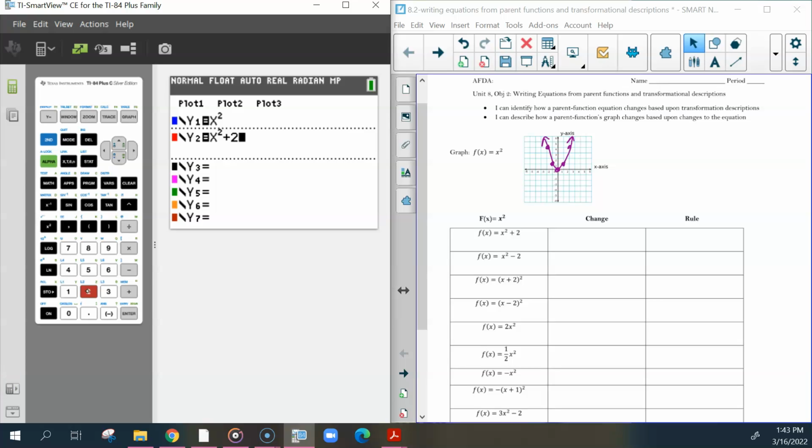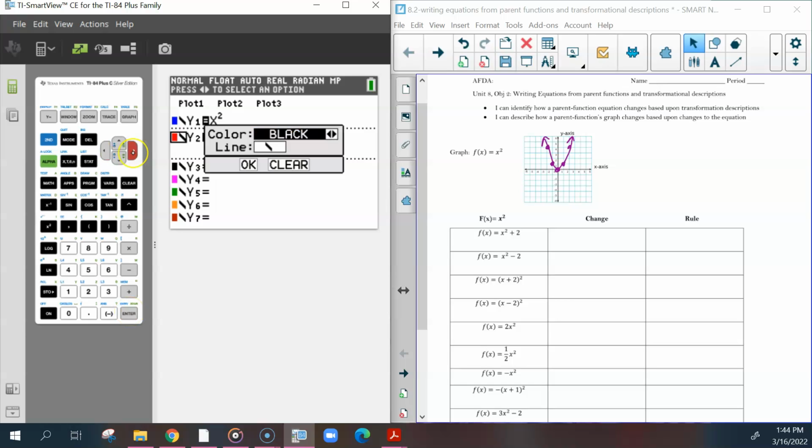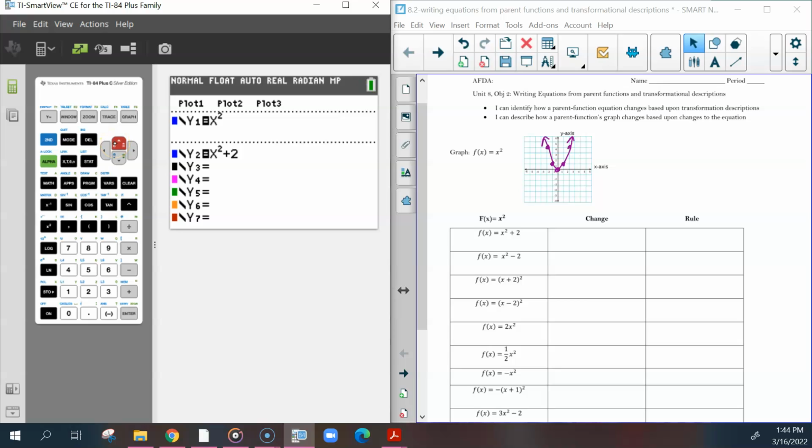Online, I'll be able to see it in color, so I'll be able to see which one is different. But let's say these were the same color. If I wanted to see which one is different, you have the same function on your calculator.